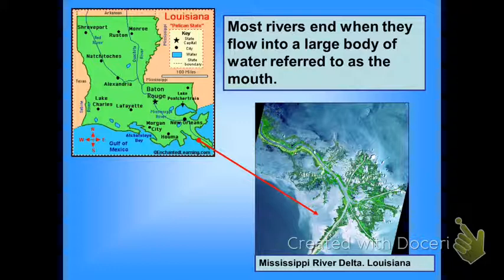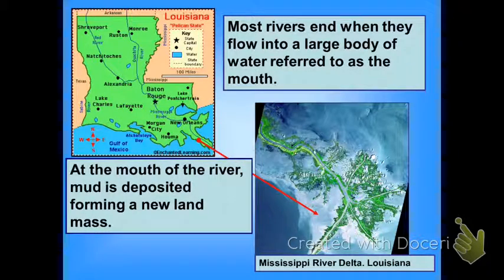So all this right here is where the Mississippi River has dropped off sediment, enough sediment to raise the land above sea level. So a delta is new landmass formed at the end of a river, and the end of the river is called the mouth of the river.